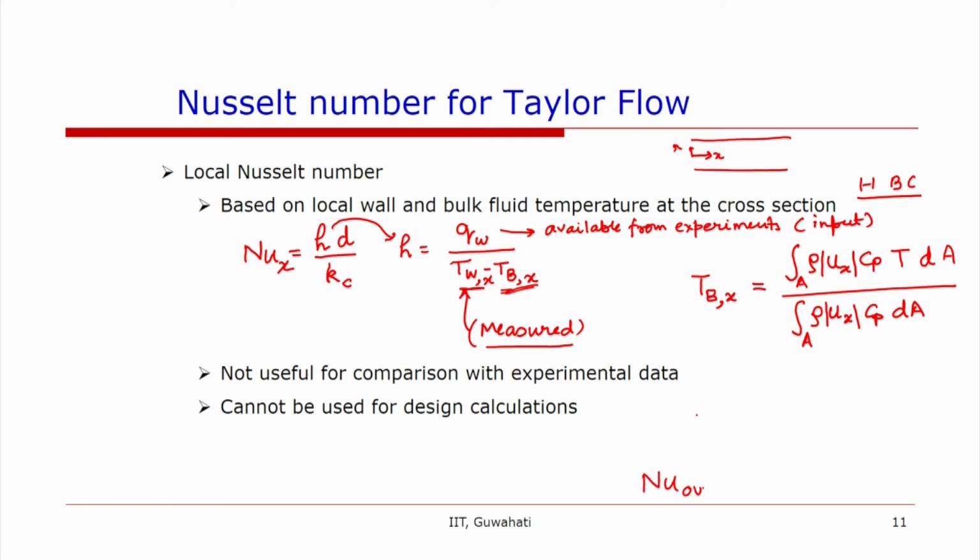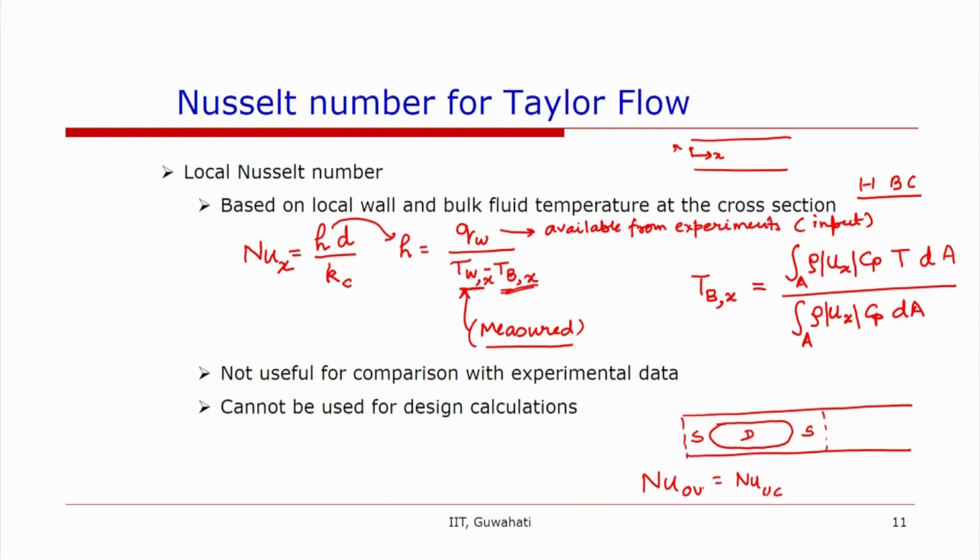Now, because Taylor flow is periodic, if we consider the flow when the heat transfer also has become periodic, then we can analyze flow in one unit cell which consists of one bubble or droplet and the slug around it. And once we have obtained this, we can use the same Nusselt number for the entire channel.